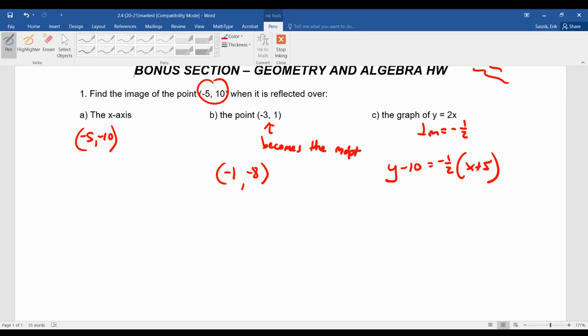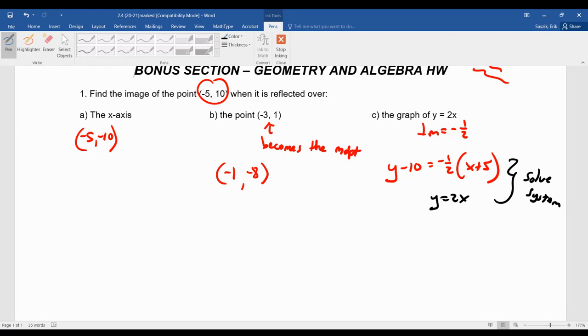Now, we're given y equals 2x. So if we solve this system, we would then find where these lines intersect.